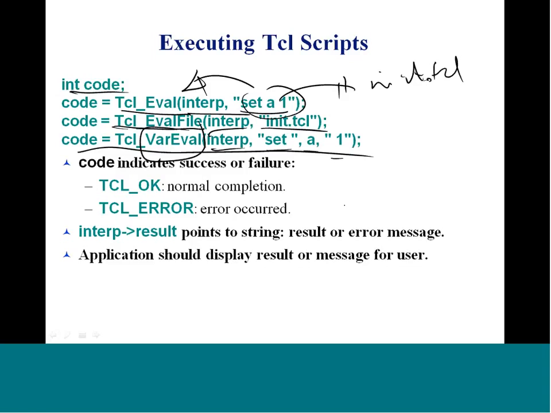We can also point to the result through interp->result, and that points to the string that holds the result, whether it is TCL_OK or TCL_ERROR. And usually what we want is for the application to display the result or message for the user.